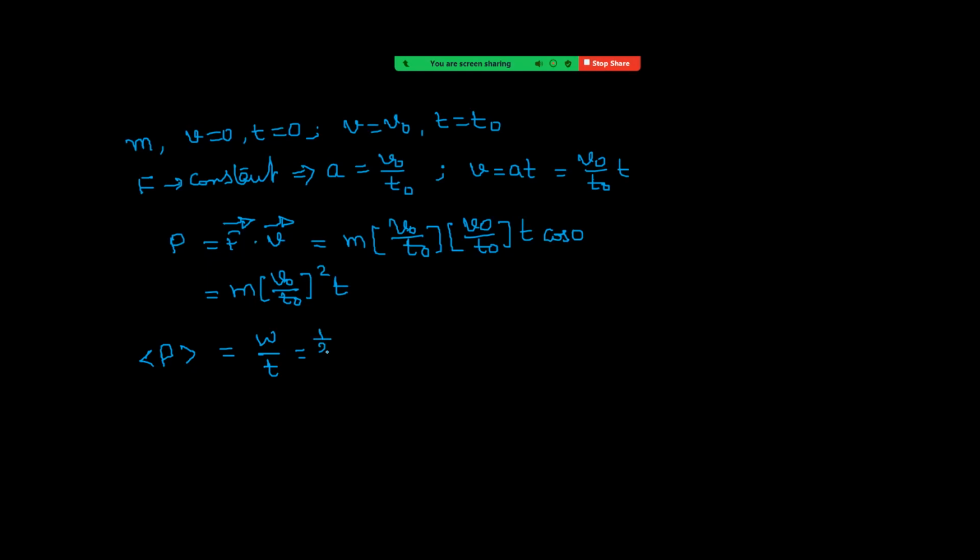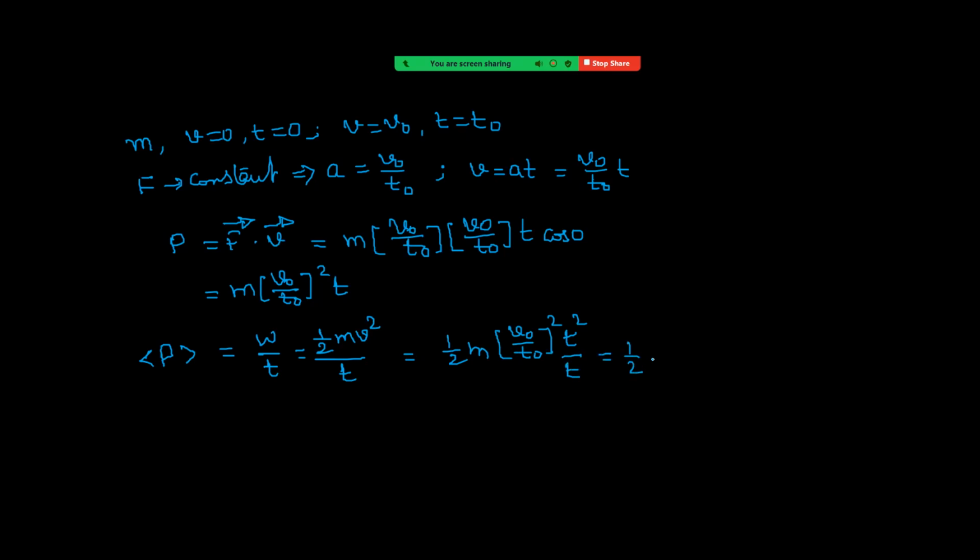Delta K means it is half m v square because initially it was at rest, right? That is equal to half m, in the place of v, this is v, right? V naught by t naught whole square into t square, and by t.